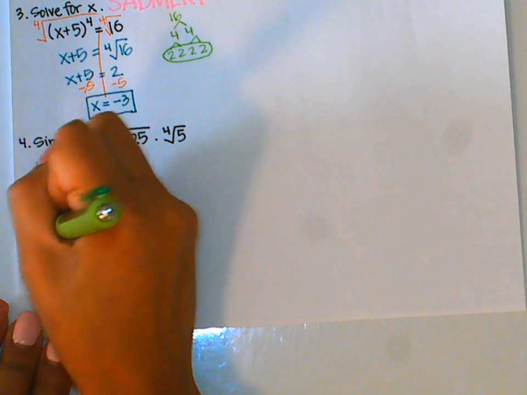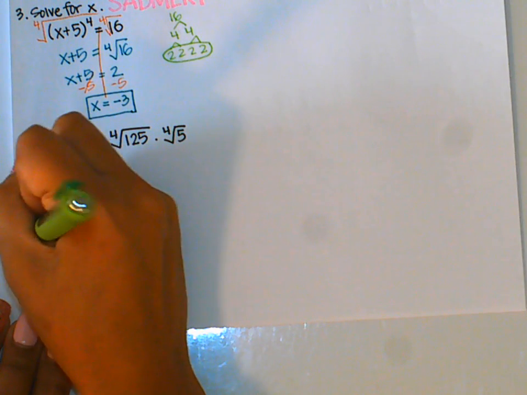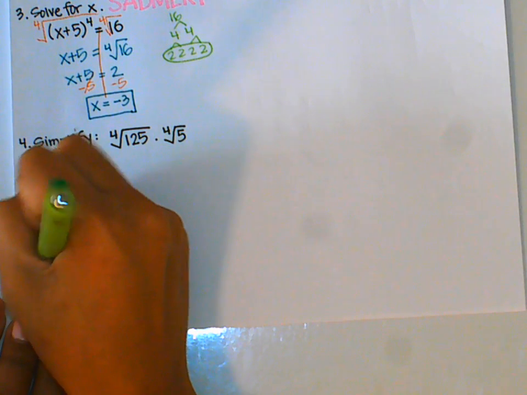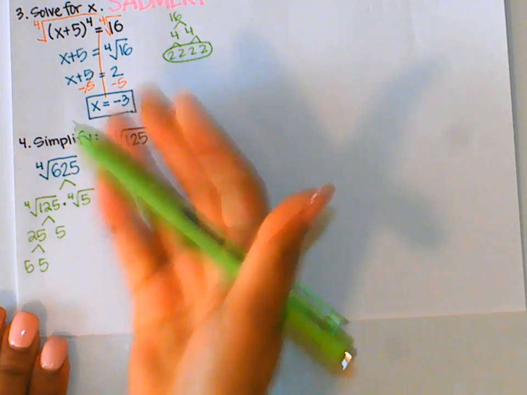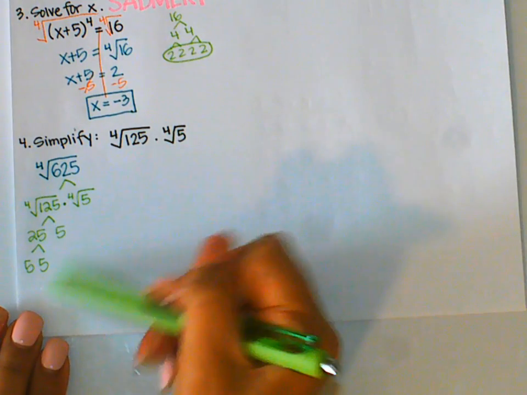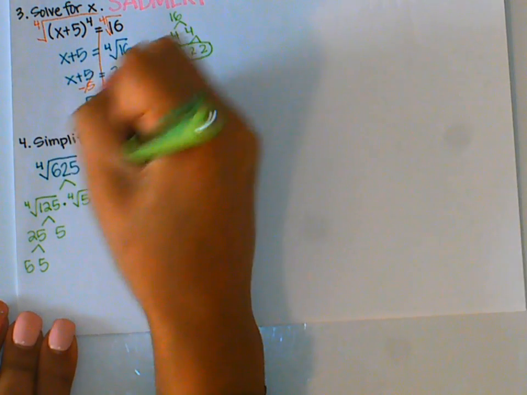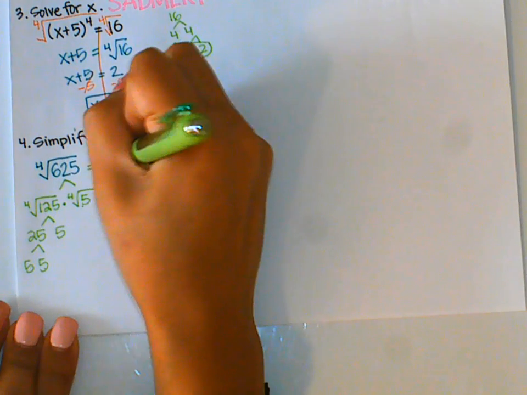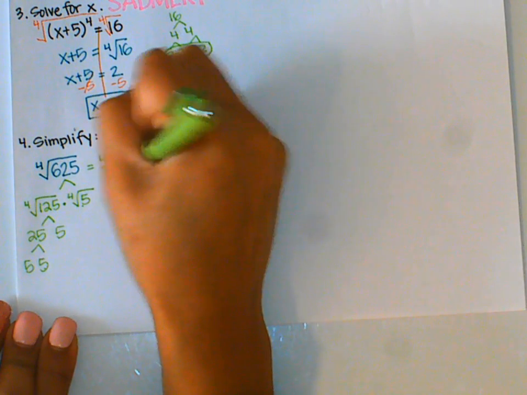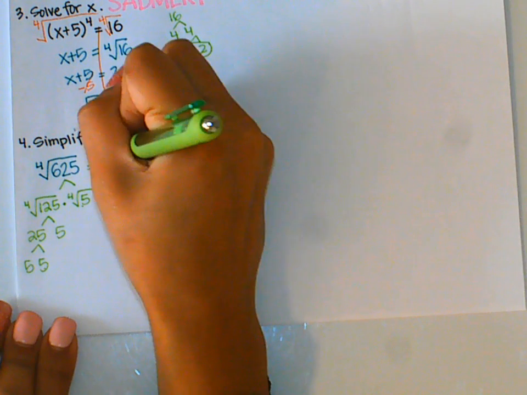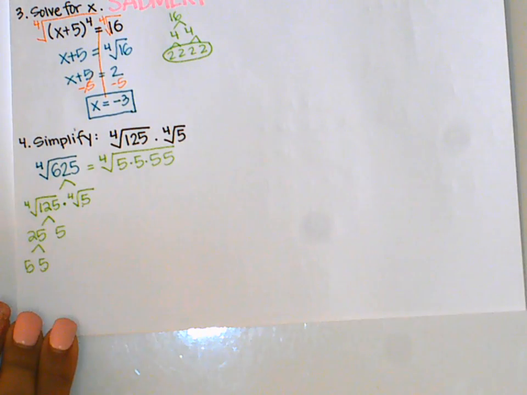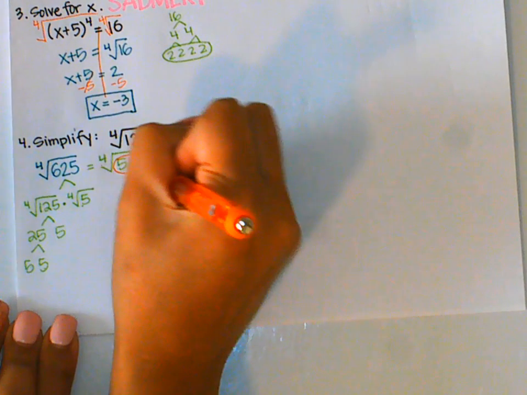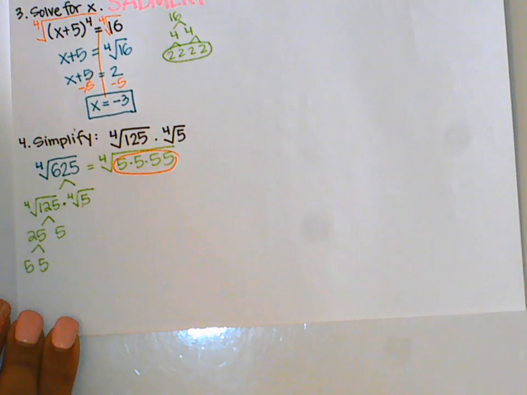So I'm going to continue working and say that this is 25 times 5, and then 5 times 5. They should all have the fourth root, but for sake of space, I'm not going to write them. I'm just going to say that this is the fourth root of 1, 2, 3, 4, 5. So this wants a group of 4 of the same numbers, which, would you look at that, I have right there.